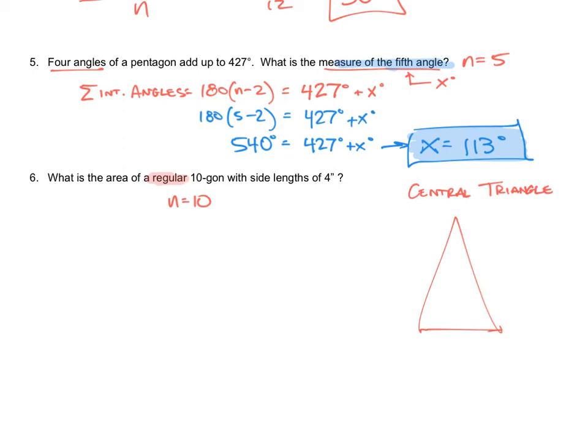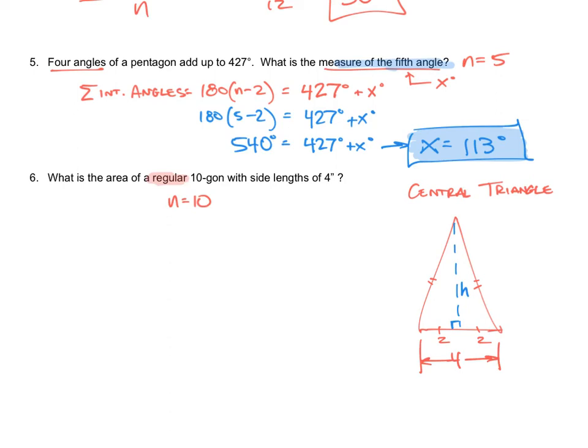The first thing we need to think about is, well, how are we going to find the height of that triangle? We're told that the side length of the regular polygon is 4, so that's this dimension. We know that when we drop the perpendicular down, that's going to split this into 2 congruent pieces because every central triangle in a regular polygon is an isosceles triangle because these 2 dimensions are the same.